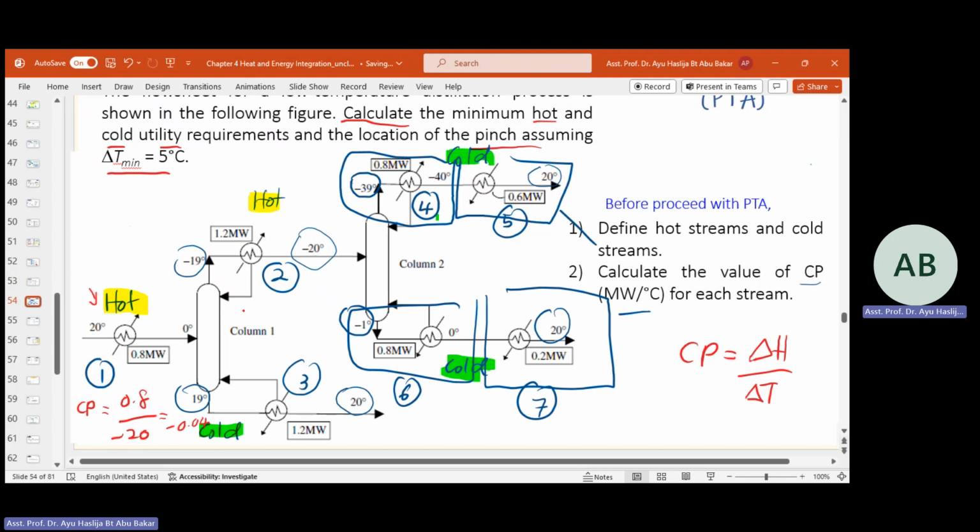Where stream 2, it will be 1.2 divided by negative 20 minus negative 19. What do you get?